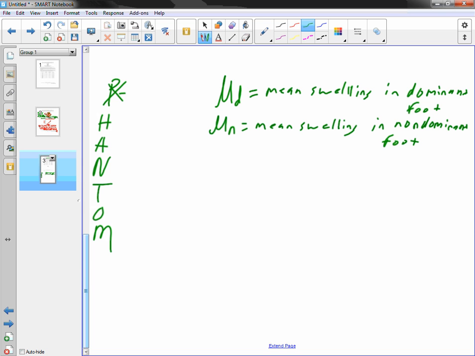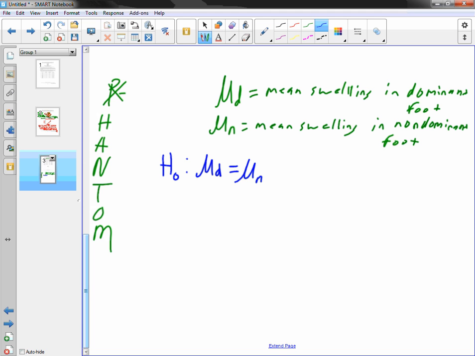So there's parameters. Hypothesis. Well, we're looking to see if there's a difference between these two things. So my null hypothesis, right? Remember, the null always says that there is no difference. So my null hypothesis in this case is going to be that the swelling in the dominant foot is equal to the swelling in the non-dominant foot. You could have written that a couple of different ways, okay?